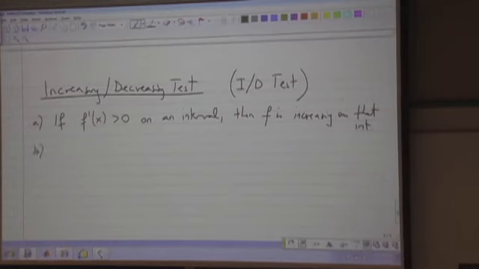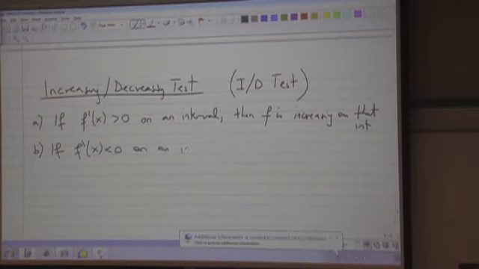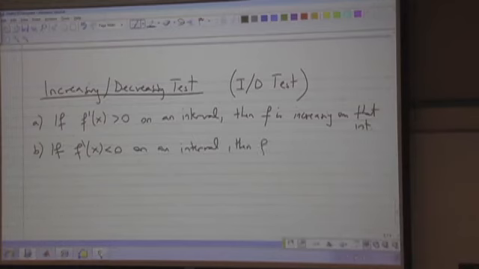And part B, if f prime of x is less than 0 on an interval, then f is decreasing on that interval.